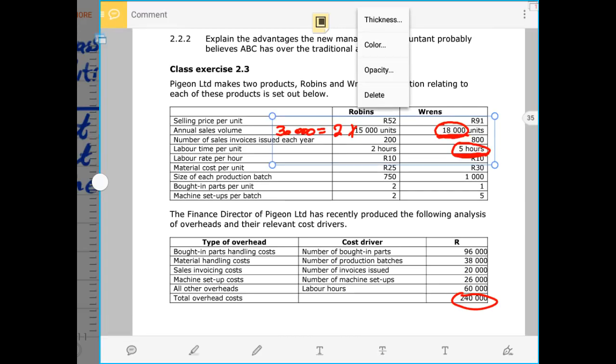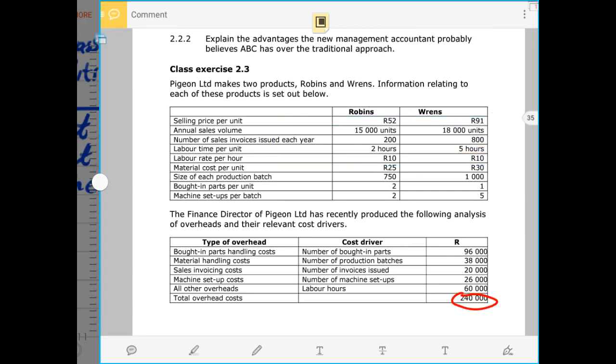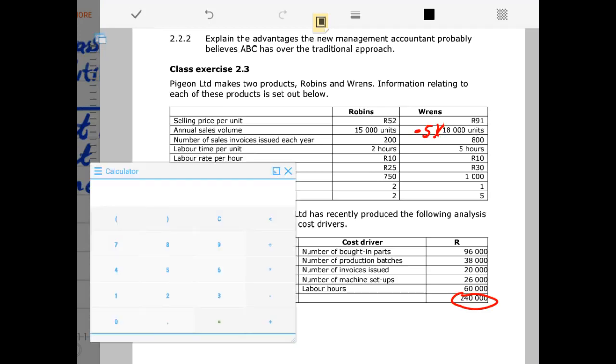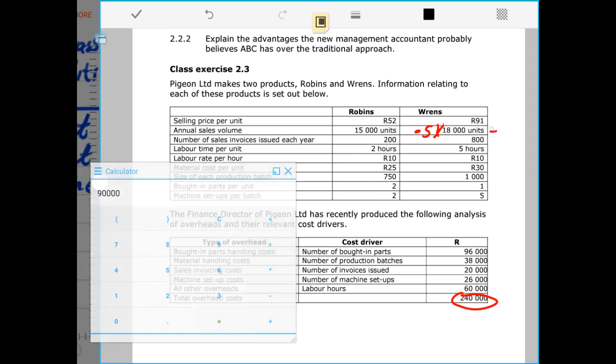Therefore we say 18,000 times 5, that gives us 90,000 hours.